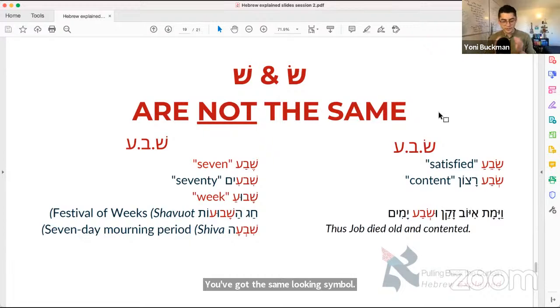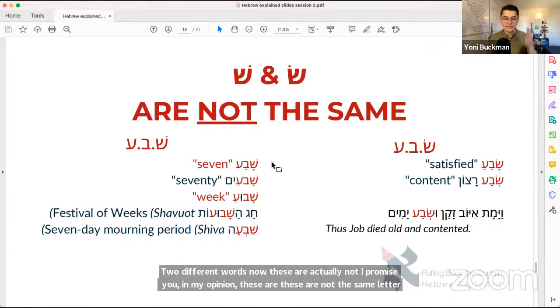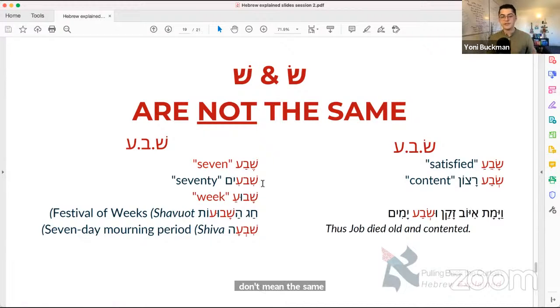So again, I apologize, my parentheses got a little screwed up here as I was writing Hebrew and English in the same line, but the word on the left here with a shin, sheva, means 7. And from that you get shivim, 70, a shavua is a week, so 7 days, the festival of weeks, shavuot, and shiva, this 7-day mourning period after someone passes, all have to do with the number 7.